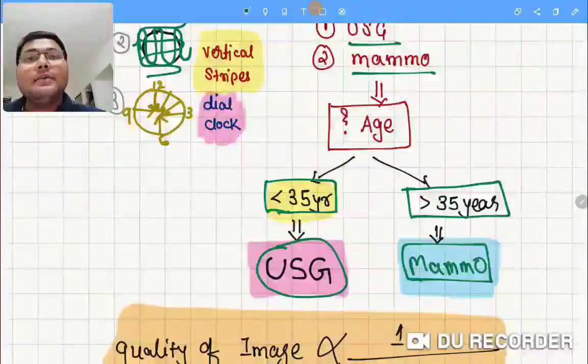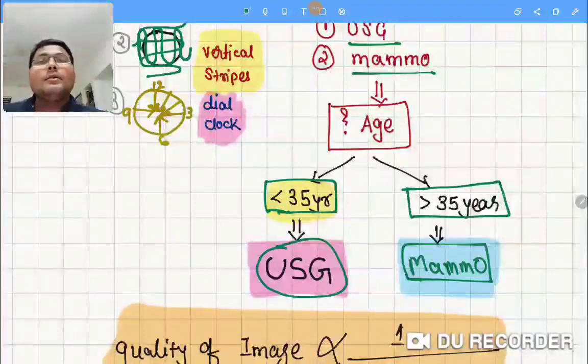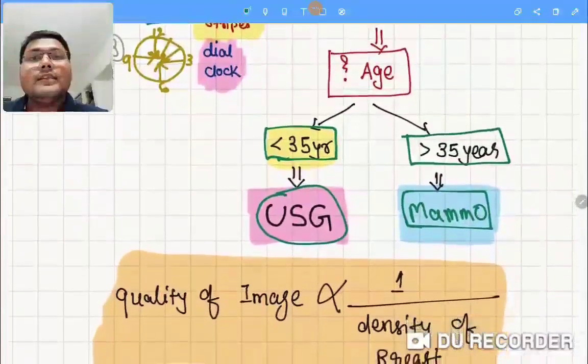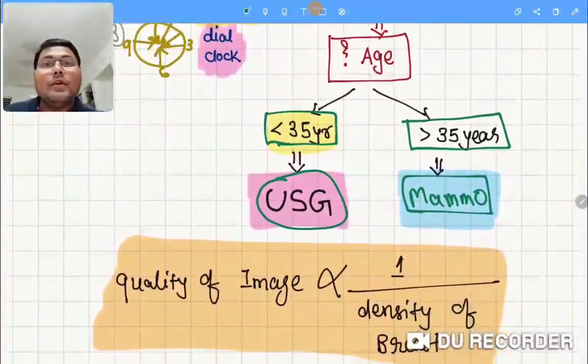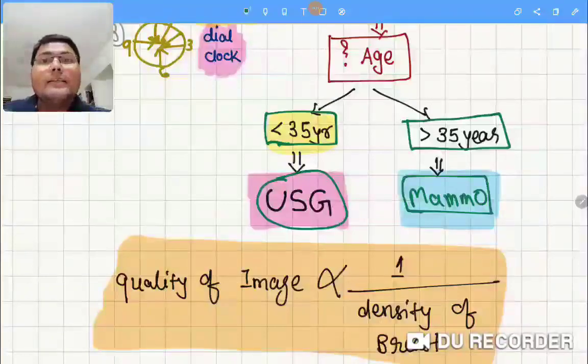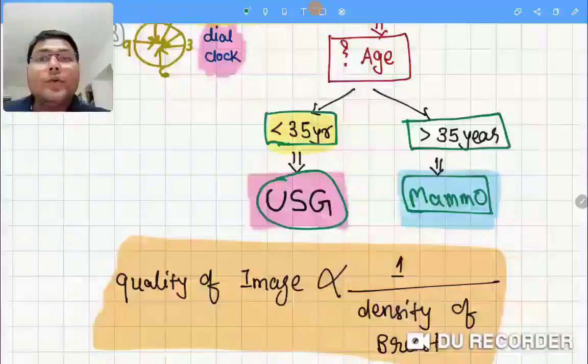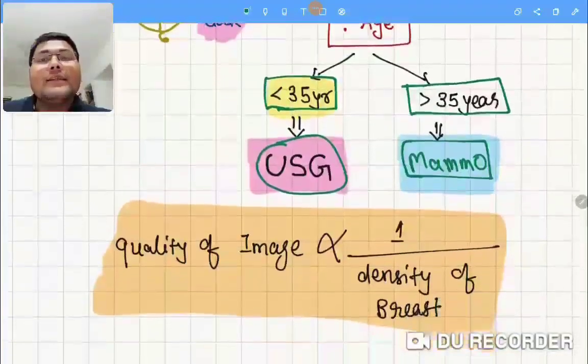The answer is the density of the breast, because the breast is continuously going through involution, regression. Due to this there are fibrotic changes in the breast. The breast continuously goes through hormonal changes, so there is a continuous regression, and that's why there is fibrosis.